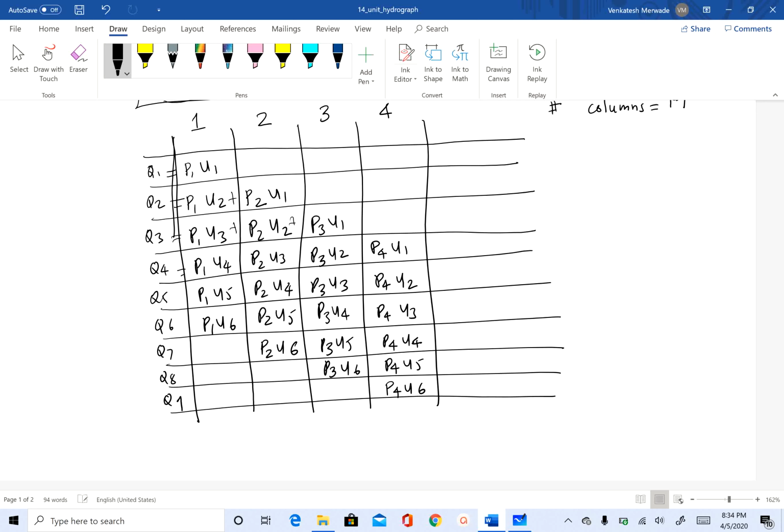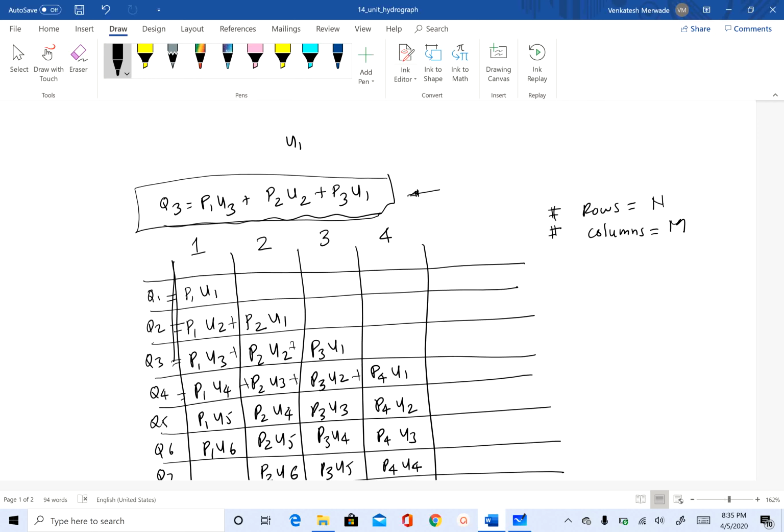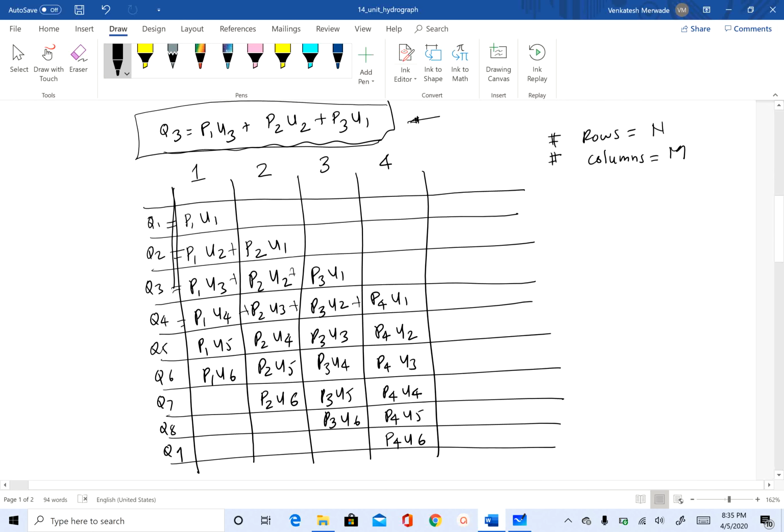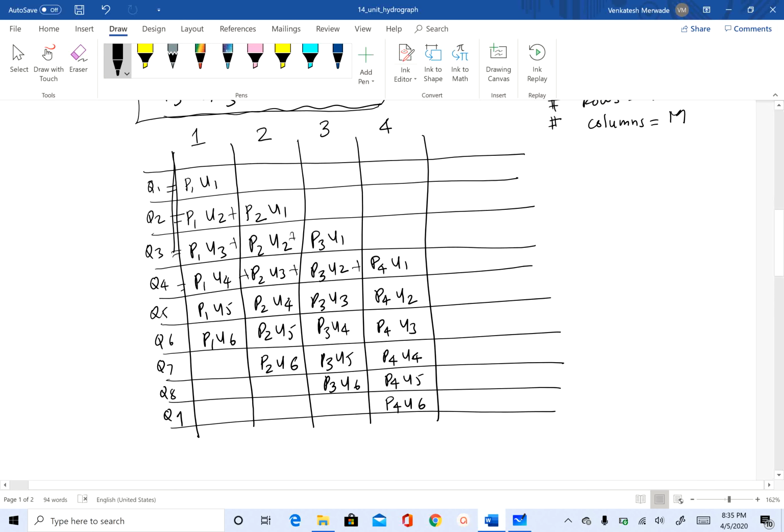Q4 is equal to P1 U4 plus P2 U3 plus P3 U2 plus P4 U1, and so on. This is how I like to set this up, and you can also do this in Excel. So instead of trying to express this equation for each n value, you can just create a matrix like this and you have all the terms.